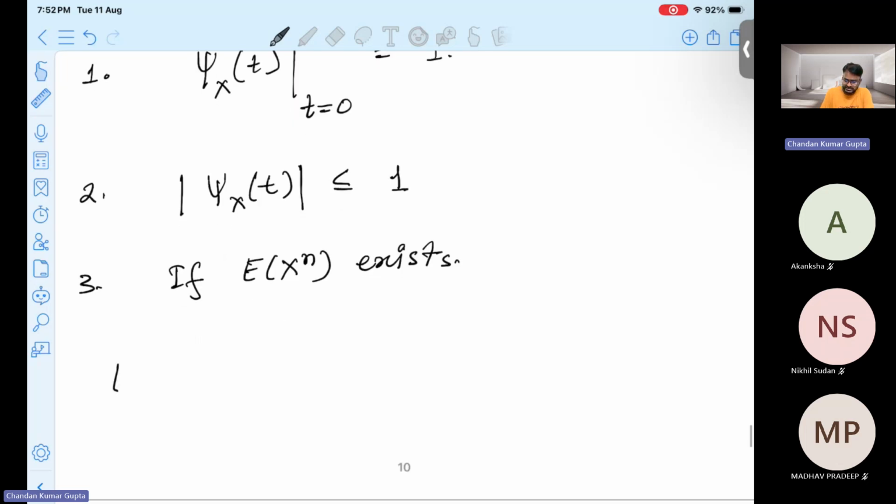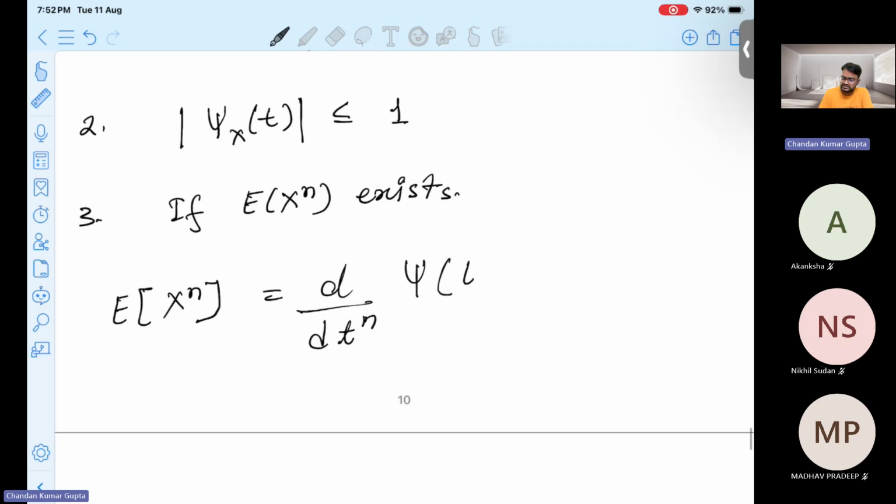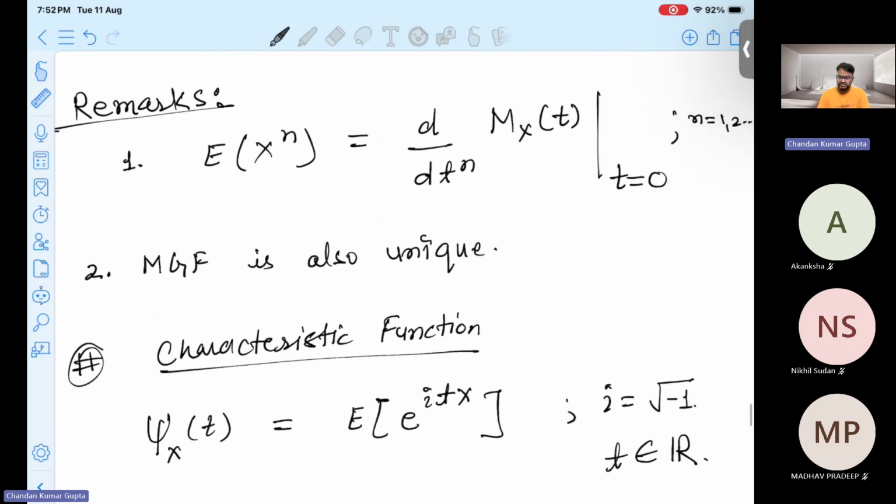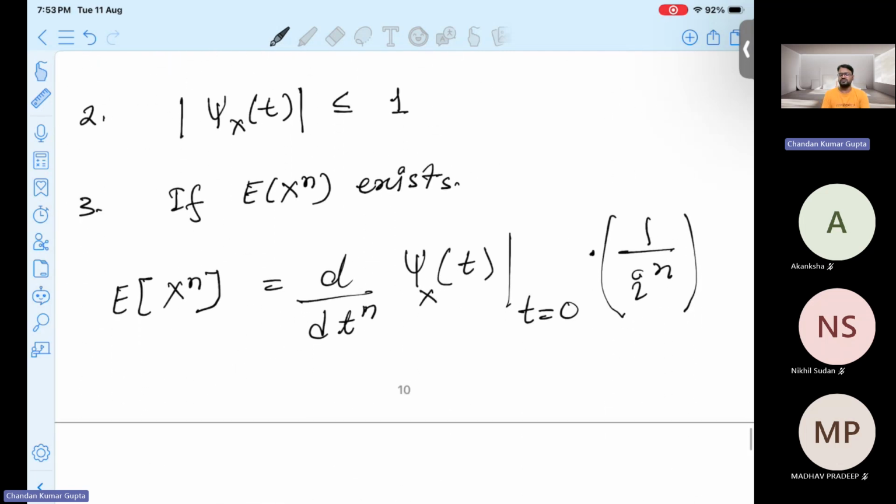In that case, this can be calculated directly via the characteristic function, differentiating n times and putting t equal to 0, multiplied by 1 over i to the power n. It is the same as the remark for the moment generating function, just multiplied by 1 over i to the power n.